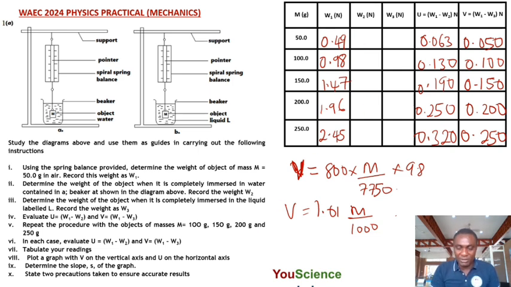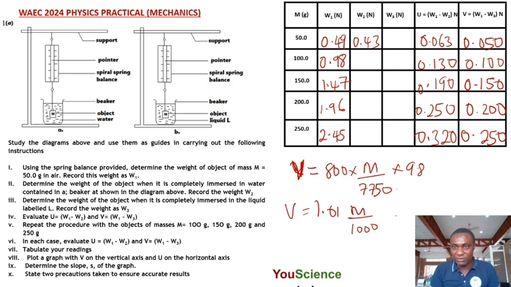I'm going to have 0.49 minus 0.063. So that's going to give me 0.43. What I had is 0.427, 0.43. So I'm going to leave it at 2 decimal places.